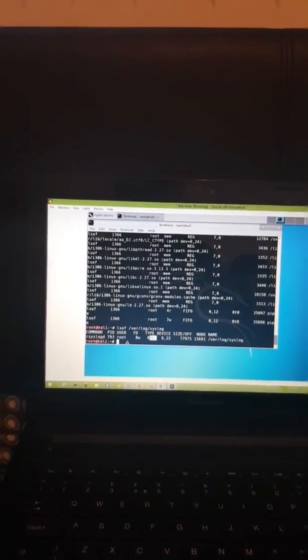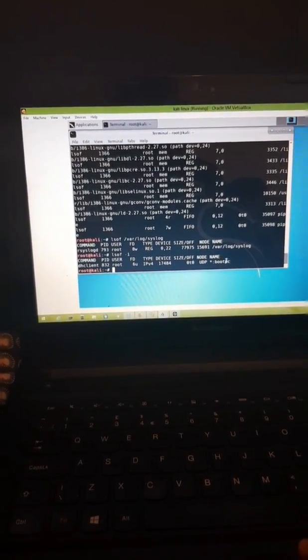Another task that can be performed using lsof is to check all the network connections by typing lsof space minus i and enter. We have, this current device has only one network connection.